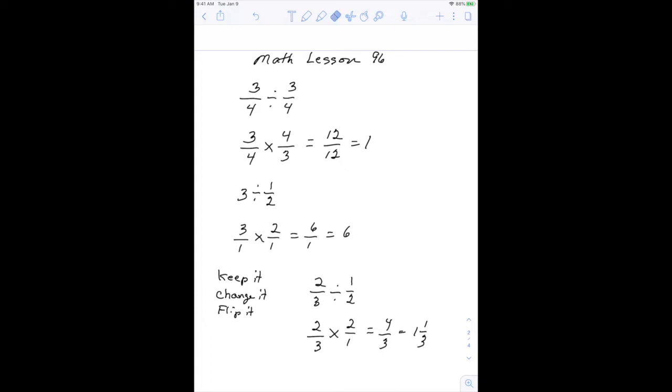Now let's do another example that's in your book, and that would be example 2. Example 2 says 2 divided by 2/3. Okay, let's use our little trick that we use for dividing fractions.